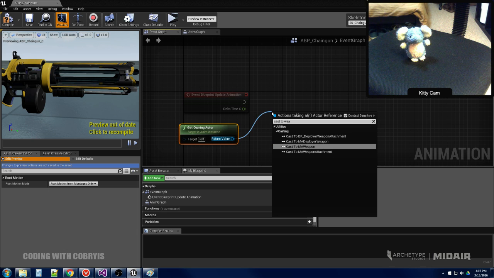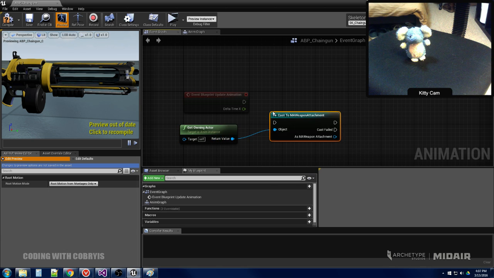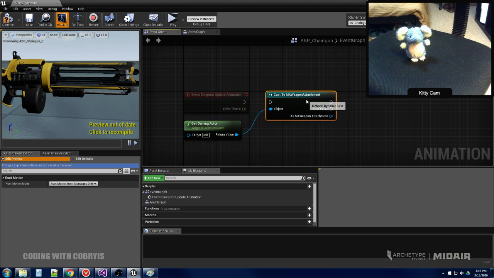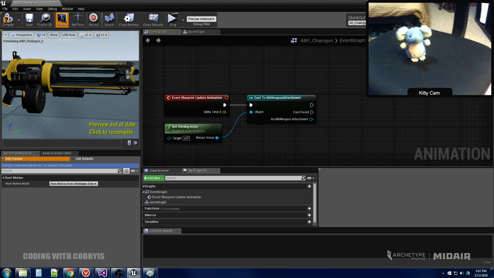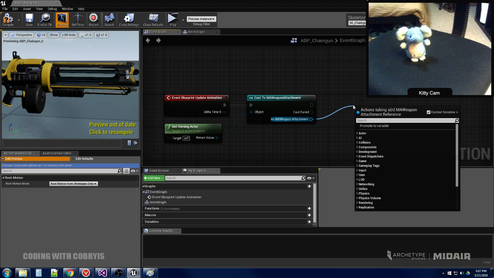We don't need that, we just need the weapon attachment. Alright. You could theoretically make this game entirely in Blueprint, if you were a maniac.